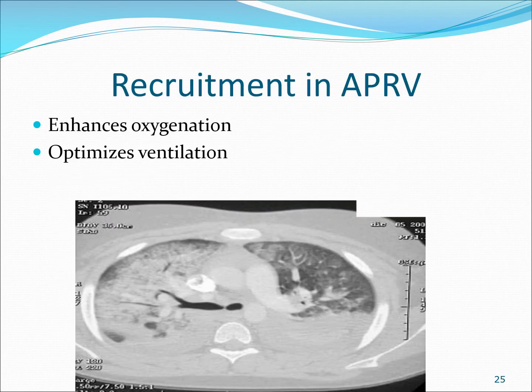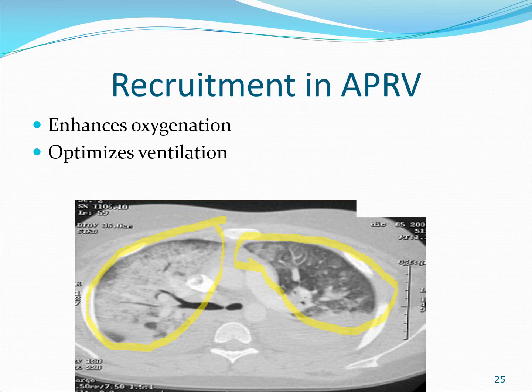One of the key advantages of APRV is the recruitment of collapsed alveoli. Now, this is a CAT scan of a patient. Look at all this collapsed alveoli. How much do you think that is taking care of gas exchange? Even look at this side. Look at all the infiltrates. They're doing some oxygenation over there in recruitment, but they are not that pretty either.